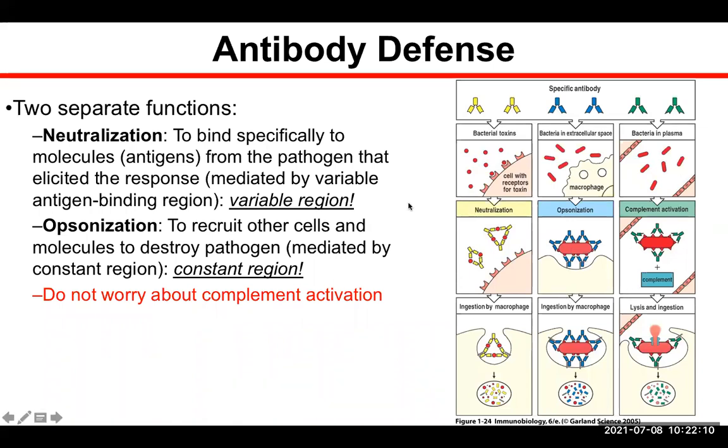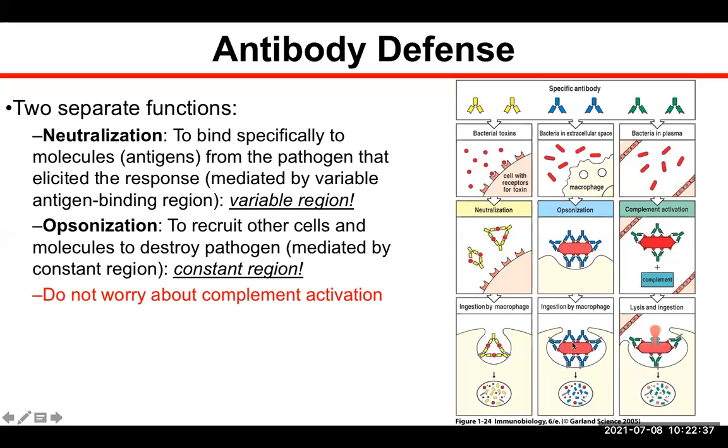Like I was saying before, innate immune cells have a certain receptor called an Fc receptor. And the Fc receptor is going to bind to this Fc portion of the antibody. So if there's antibody surrounding this pathogen, the cell can bind to the Fc portion of the antibody and facilitate phagocytosis.